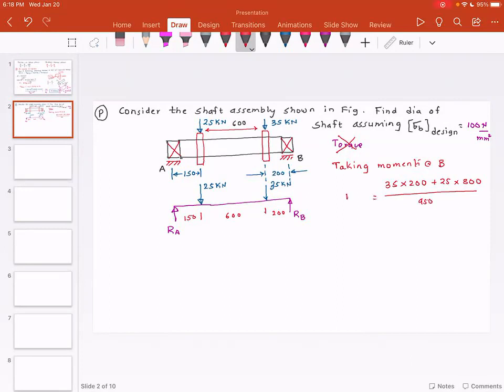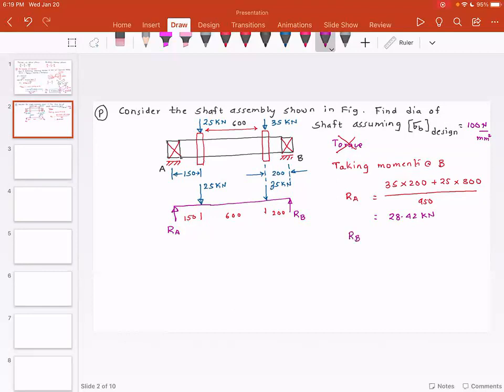That gives me RA. Just use your calculator and find this value. My answer is 28.42 kilonewton. So the value of RA is 28.42 kilonewton.